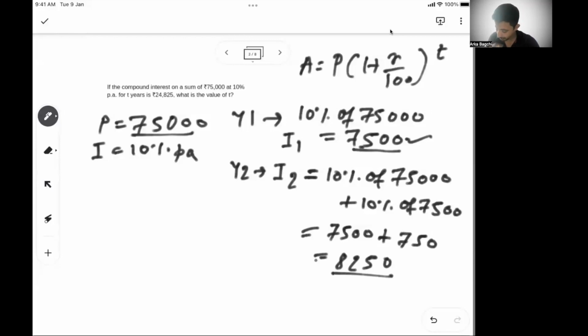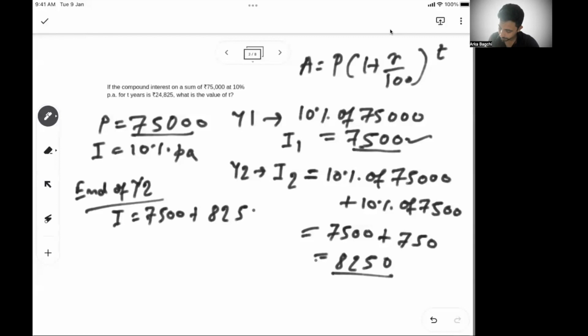So how much is the total interest you have earned at the end of year 2? It's 7,500 for the first year plus 8,250 for the second year, so 15,750 is your interest. You have to get to 24,825.